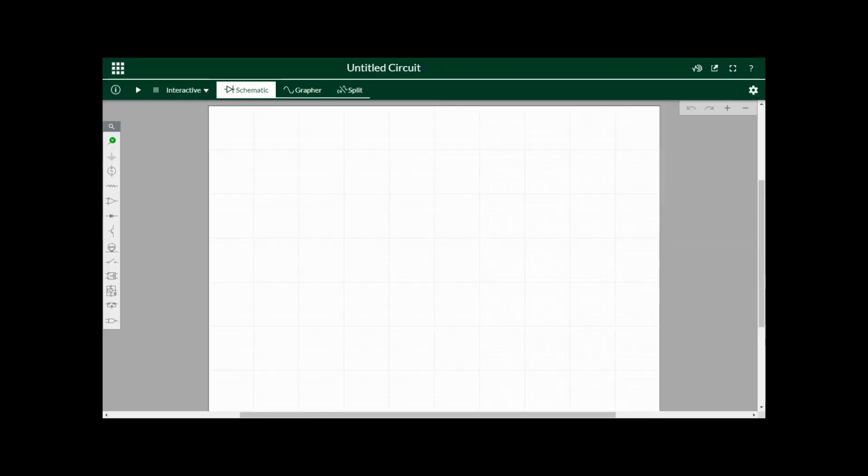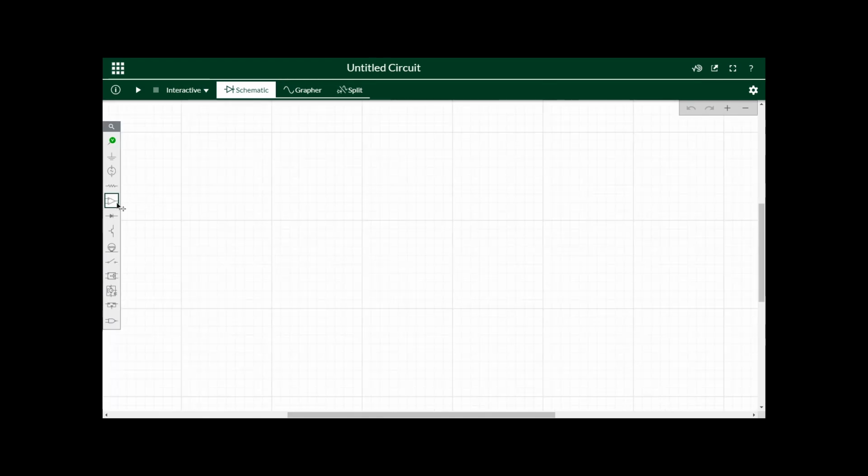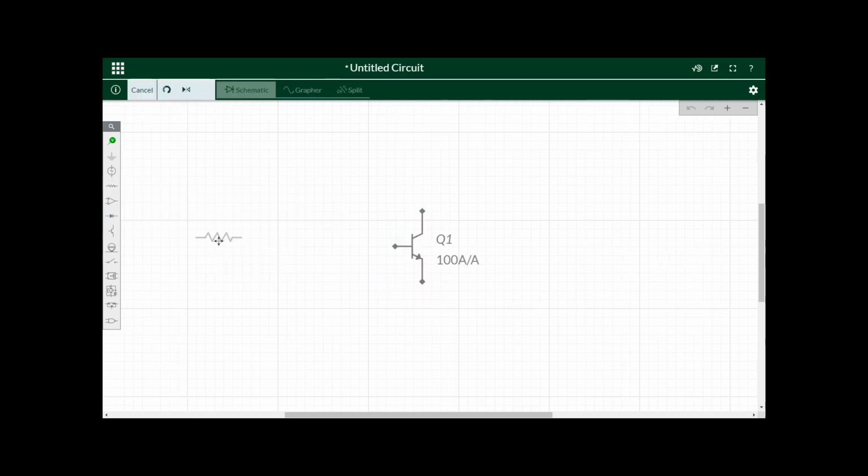And now let's go over to Multisim. In Multisim, we can get more accurate results. And let's build the same circuit with Multisim and validate our answers.